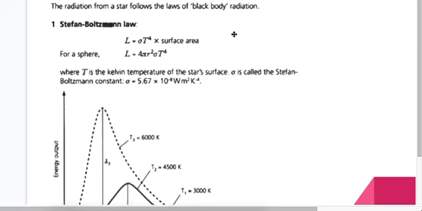Right, so we can often model stars as a black body, meaning they absorb all electromagnetic radiation that they come into contact with, and then over time they will emit this in the form of thermal radiation over a range of frequencies, giving different colors to different stars, right?